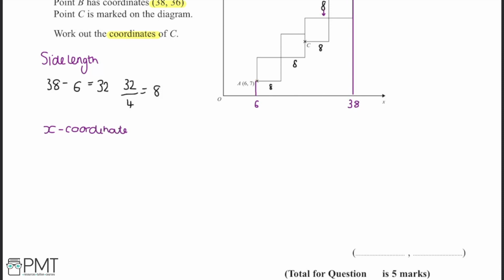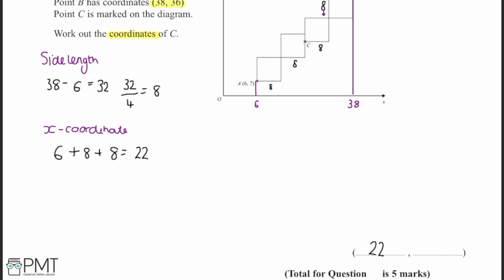I now need to add on 2 lots of 8 in order to go across the x-axis to get to the point C, to find C's x-coordinate. So I'm doing 6 plus 8 plus 8, and that's going to give me 22. So I've gone from point 6 across 8 and across another 8, and that gives me the x-coordinate of C, which is 22. So I can write that in the box.